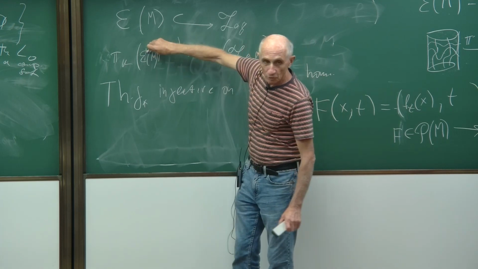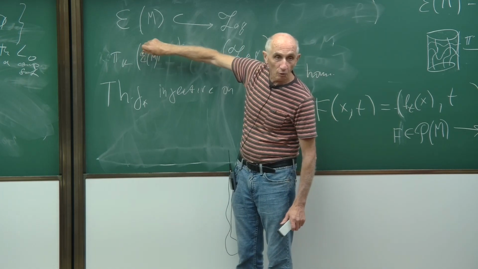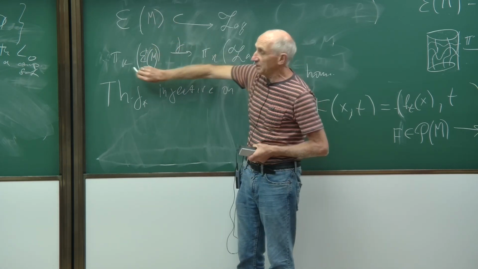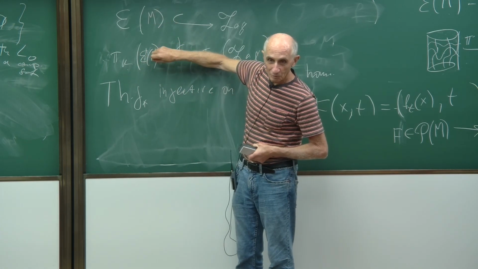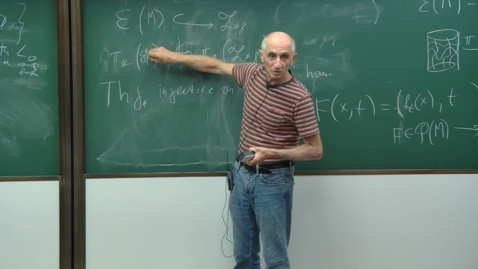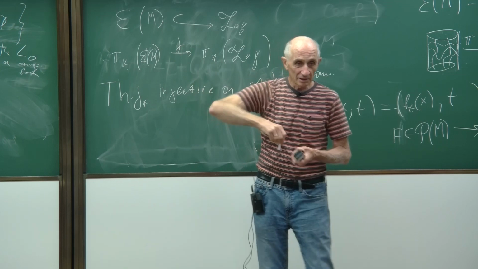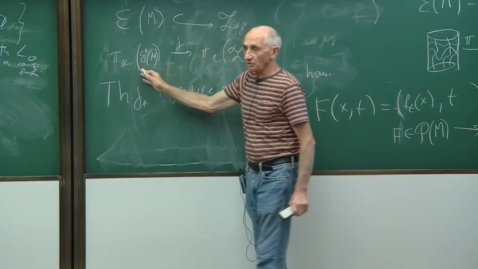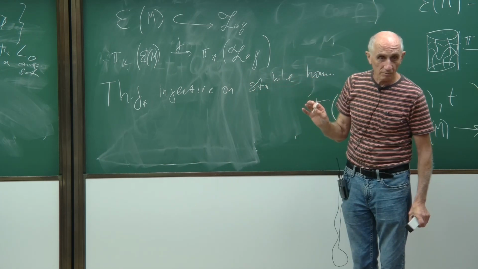As I told you, the homotopy group of this E stabilizes. For instance, if k is less than 1/3 of the dimension n, then as the dimension grows and I stabilize, nothing changes. So this map is injective on stable homotopy groups.